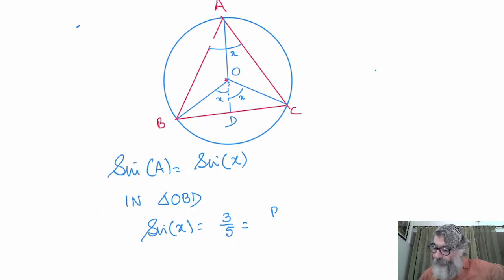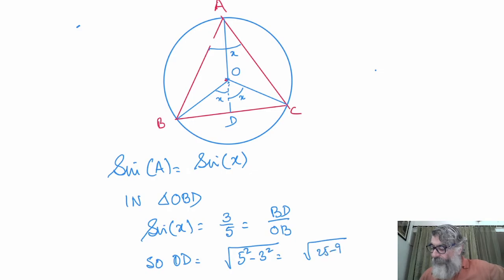Perpendicular is BD, hypotenuse is OB. So this is 3, this is 5. So what will be OD? OD will be the square root of 5 square minus 3 square, by simple application of Pythagoras theorem. 25 minus 9 is 16, so OD will be 4 centimeter.